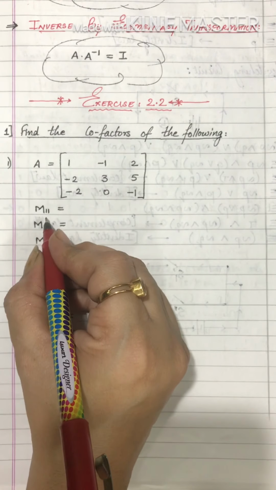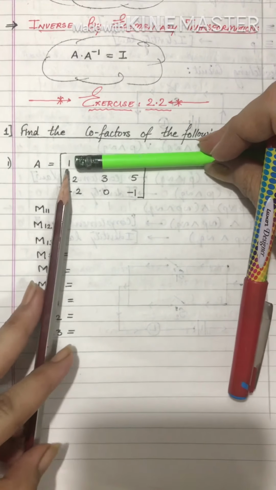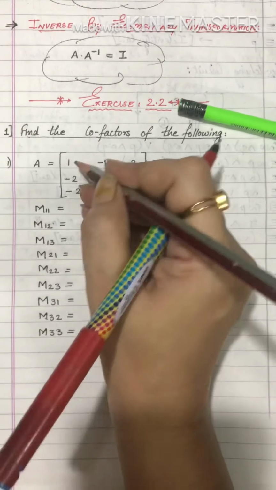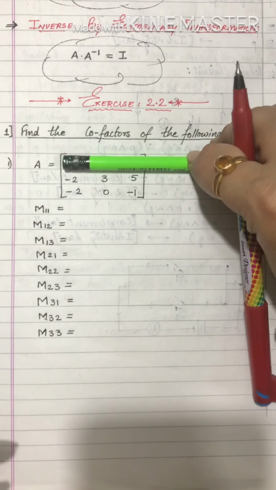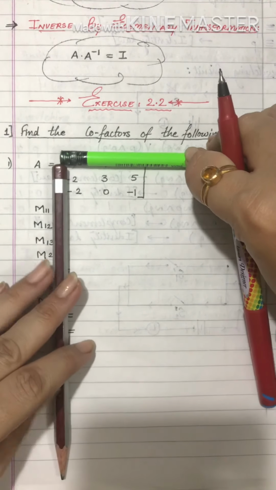Now when I'm trying to find M11, as I explained earlier, what you need to do is not consider that particular row and that particular column in which the element lies. So now we are finding minor for this element, so don't consider that row in which that element is present, and don't consider that particular column.